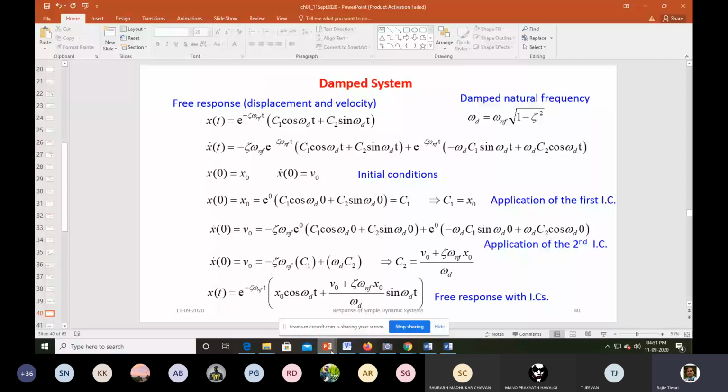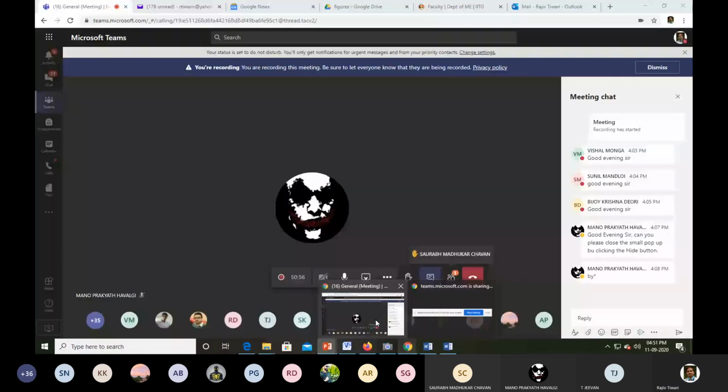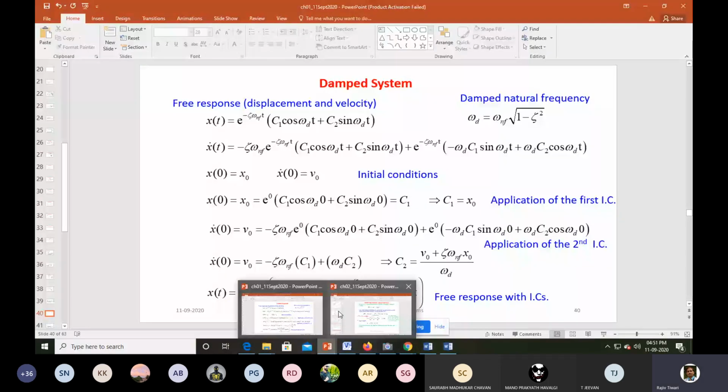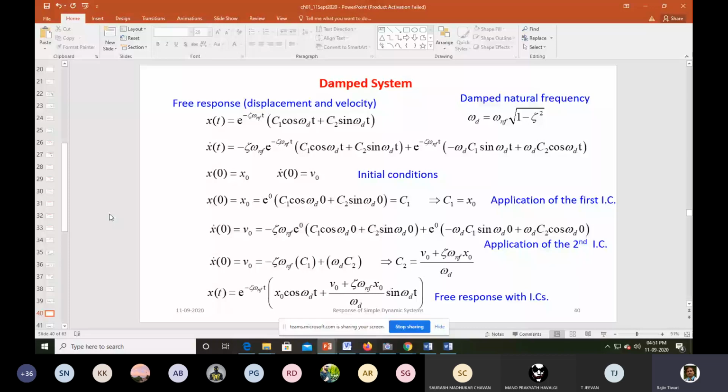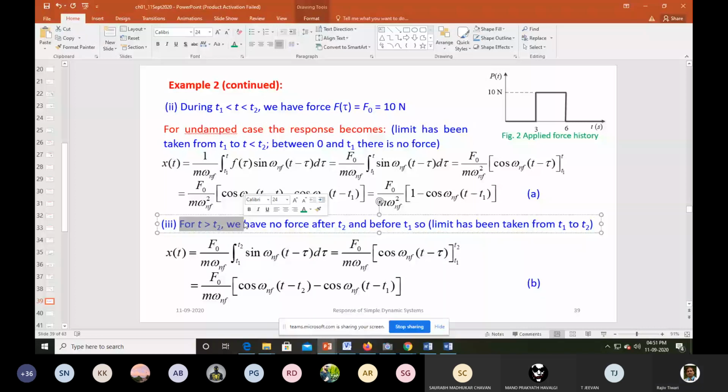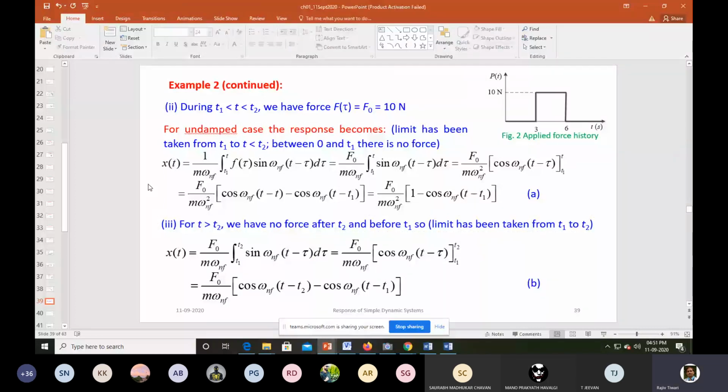Sir, in the second example, can you please explain how we have taken those limits of T1 and T2? The undamped one, the second part.